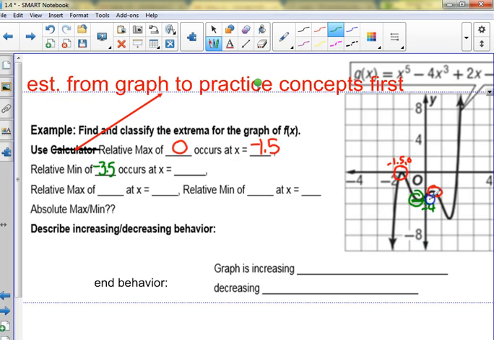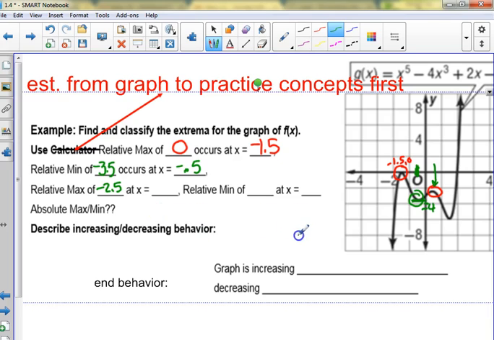Okay. The X value where that happens, guys? At what X value? Negative 1/2? That sounds good to me. All right, where's this next red maximum here? What is the Y value you want to use there? Negative 2 point something?